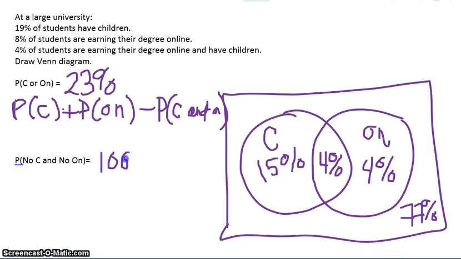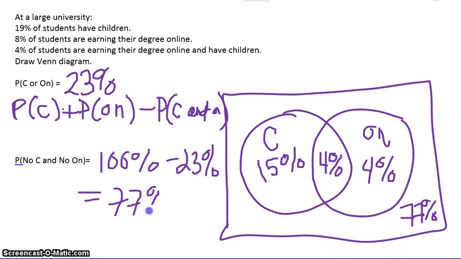So, in other words, 100% minus 23% is equal to 77%, and that is the same as the probability of not having children and not earning their degree online after randomly selecting a student at this particular large university.